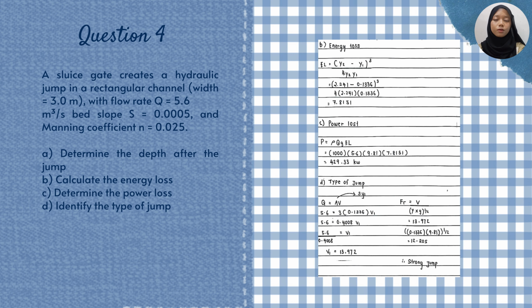So 13.972 over (0.1336 times 9.81) to the power of 1 over 2, and we'll have the answer of 13.205, and the type of jump is strong jump. That's all.